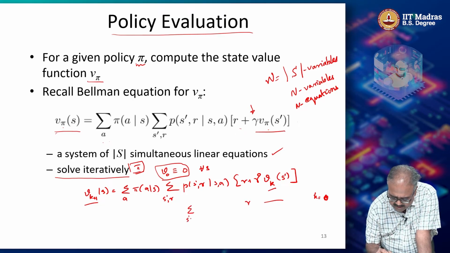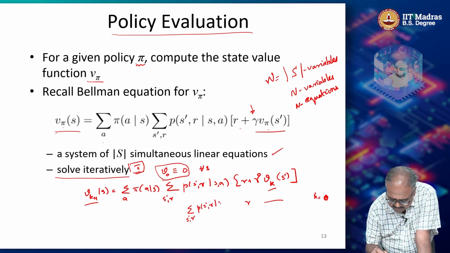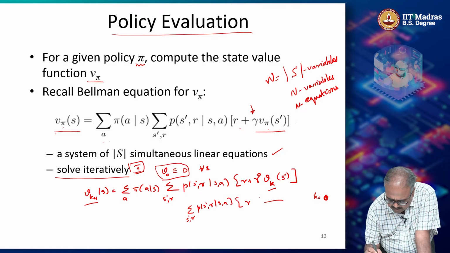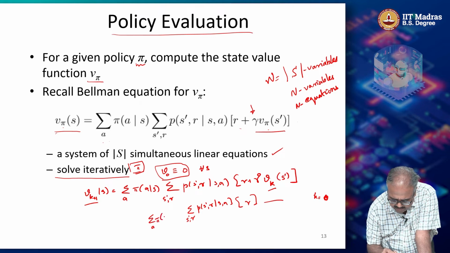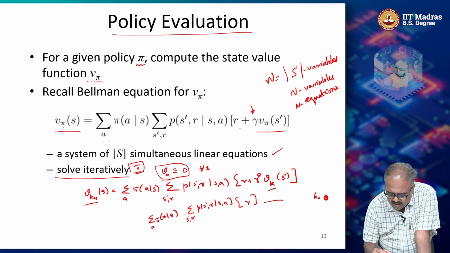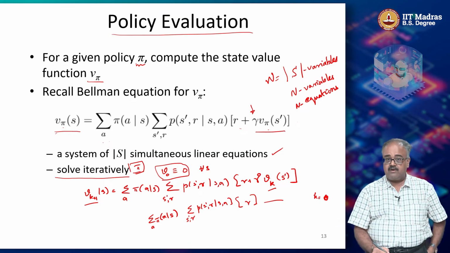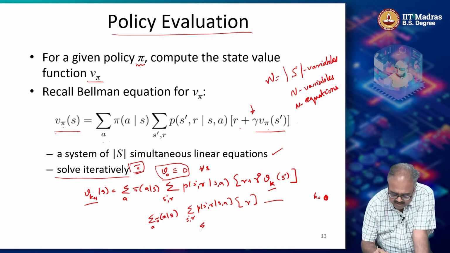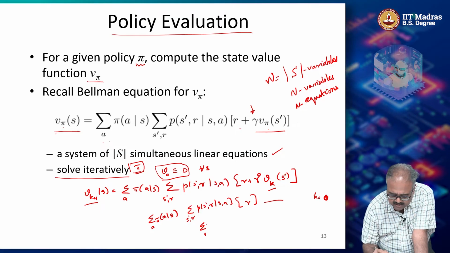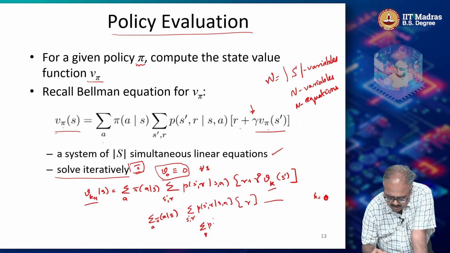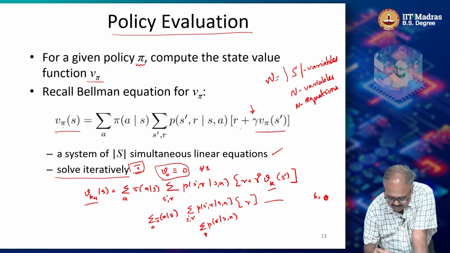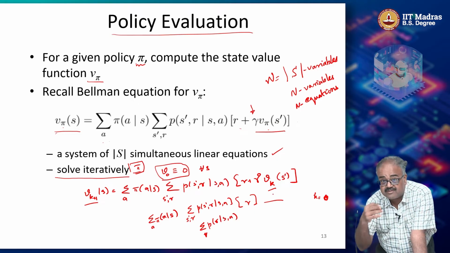So I'll sum over S prime comma R, probability of S prime R given S comma A into R, summation over A pi of A given S. So I'm summing over all S prime, all possible values of S prime, and I'm multiplying by the same R. So this is essentially saying summation over R of probability of R given S comma A, because I'm summing over all S prime, so that's going to go to 1.